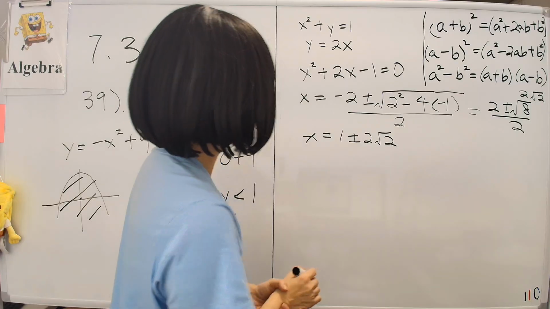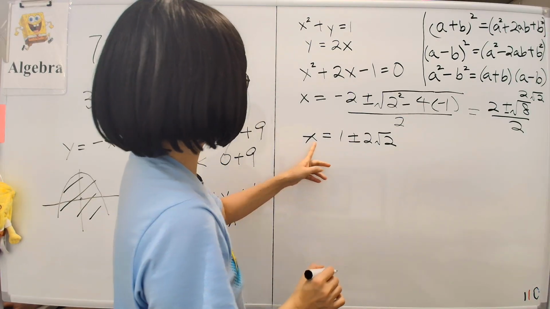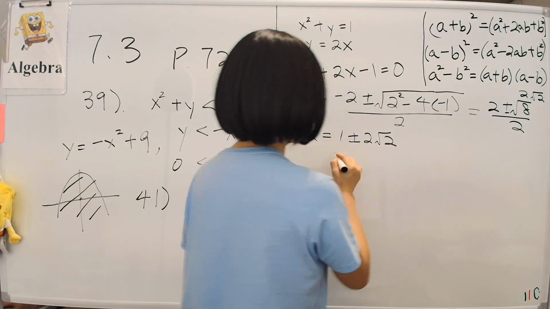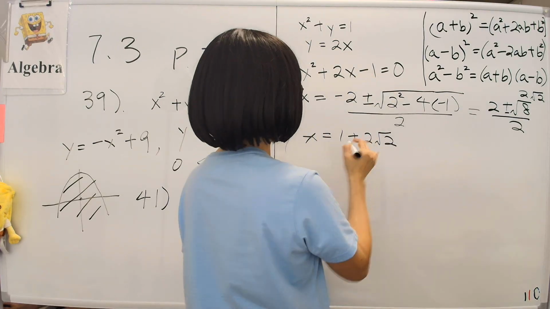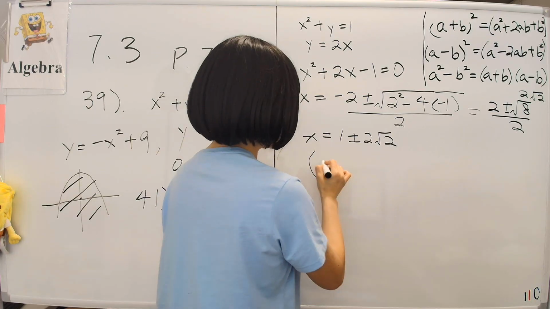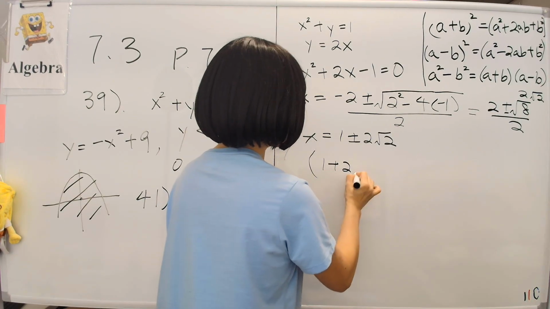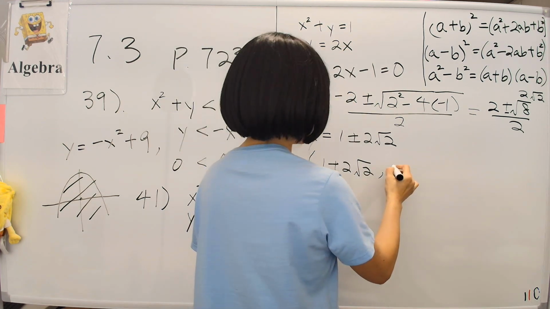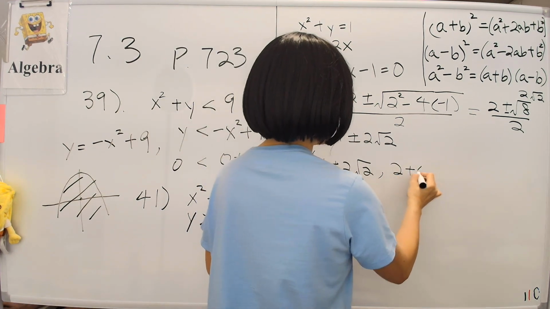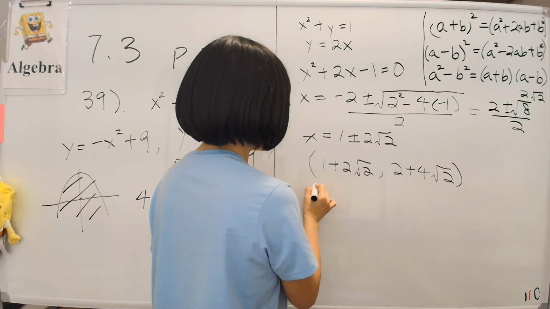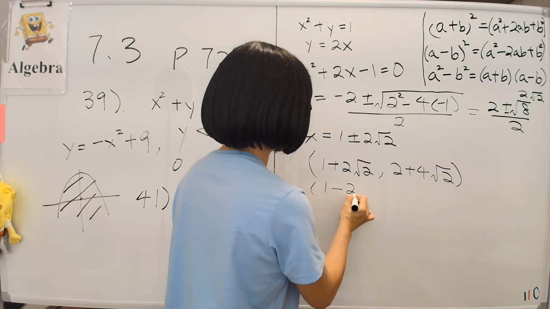Those are two distinct values, and if x is this value, then y is equal to 2 times that much. In other words, the two intersections are first 1 plus 2 times square root of 2, comma, twice that much, which is 2 plus 4 times square root of 2. That's one of the points. And then the other point is 1 minus 2 square root of 2.